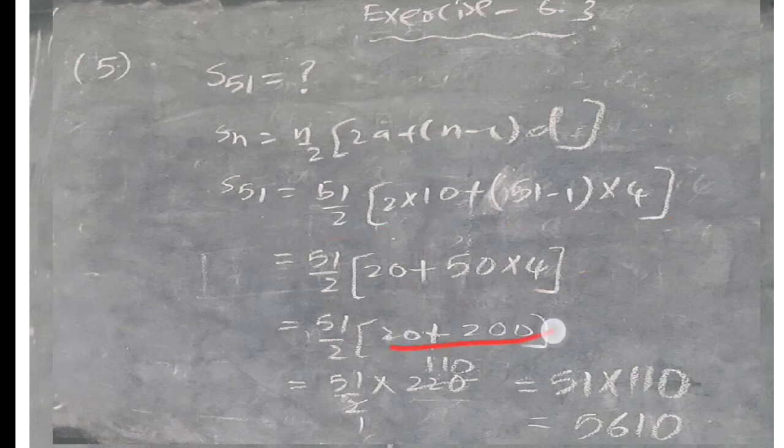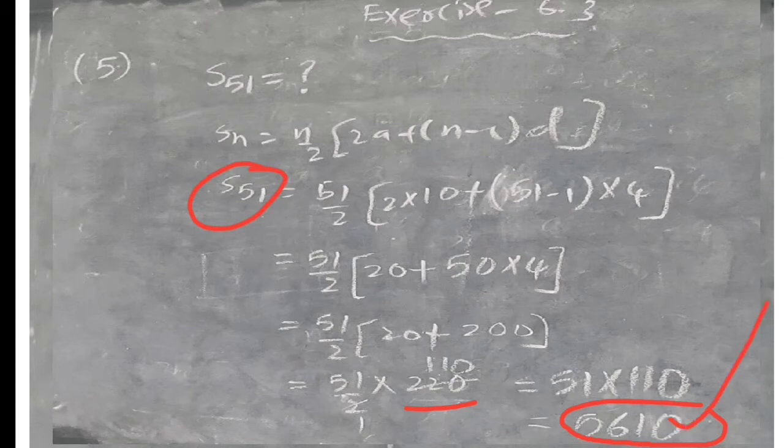So 20 plus 200 is 220. And 51 by 2 into 220, the total answer is 5610. So the S51 answer is 5610.